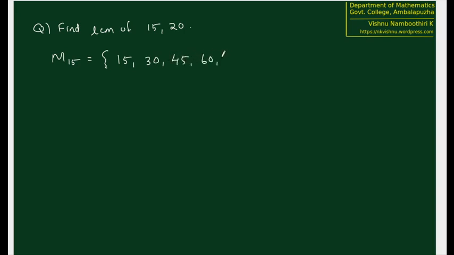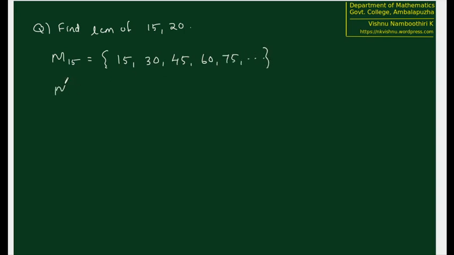We will see an example now. The question is to find the LCM of two randomly chosen numbers, 15 and 20. So we will write down the multiples of 15. That set we denote as M15. The first multiple of 15 is 15 itself. Next is 15 into 2, that is 30. Next is 15 into 3, that's 45. Next is 60. Next is 75, and so on.